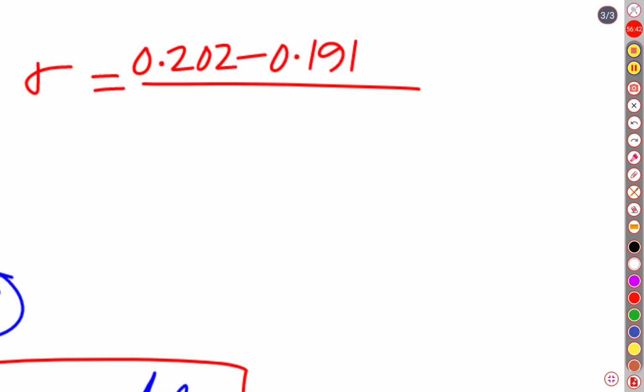I am taking more digits than necessary so that the result may be the most accurate one, over 0.842.